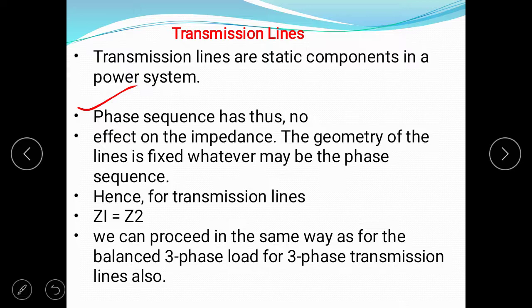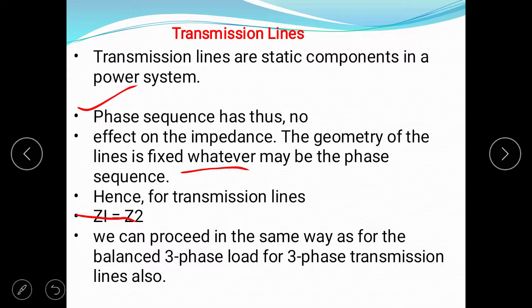Hence, we can say that for a transmission line Z1 is equal to Z2, meaning positive sequence impedance is equal to negative sequence impedance, so there is no effect of sequence on the impedance of the transmission line.